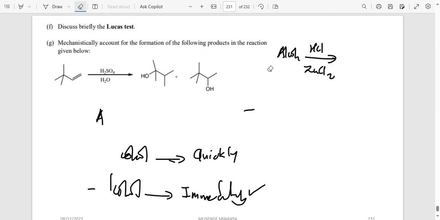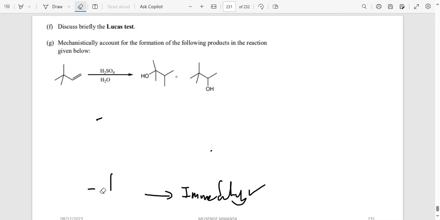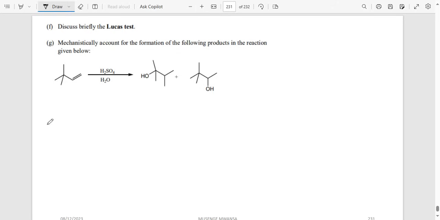Okay, the last question: mechanistically account for the formation of the following products. So here we have got acid catalyzed hydration of alkenes. What do you form in this mechanism? We've been talking about this already.